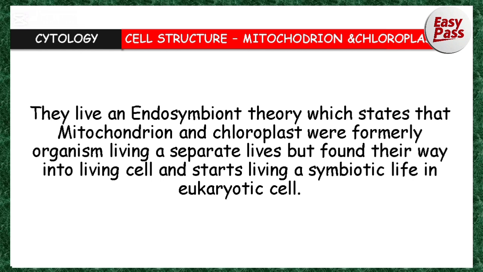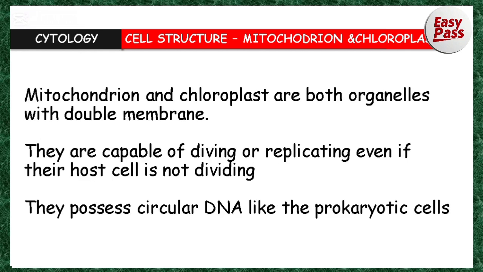Reason one: mitochondrion and chloroplast both are organelles with double membranes. All other organelles in the cell have a single membrane, but mitochondrion and chloroplast both have a double membrane.